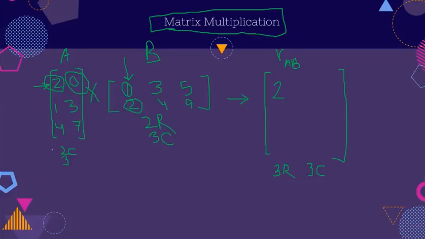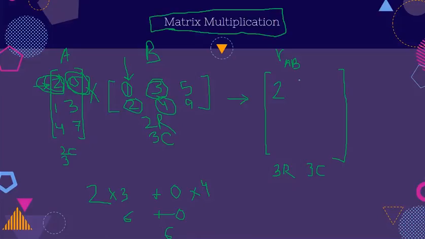Moving on, we take 2 and 0, and multiply them with 3 and 4 respectively. So we do 2 times 3 plus 0 times 4, which is 6 plus 0, and the result is 6.